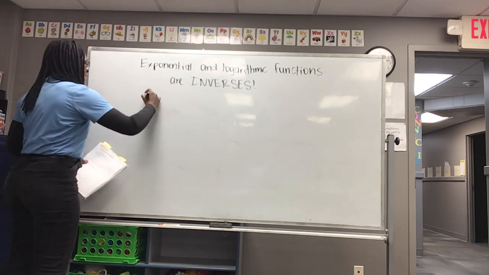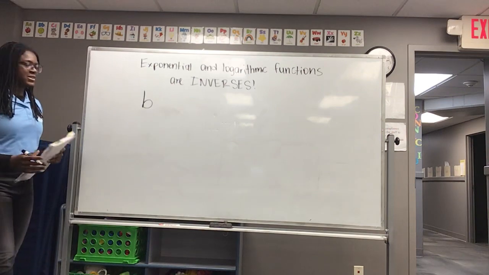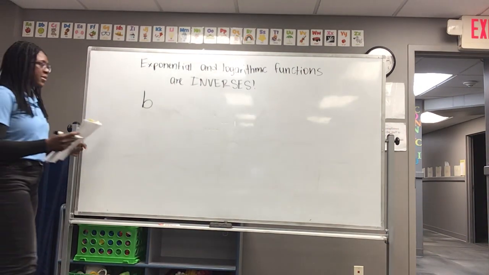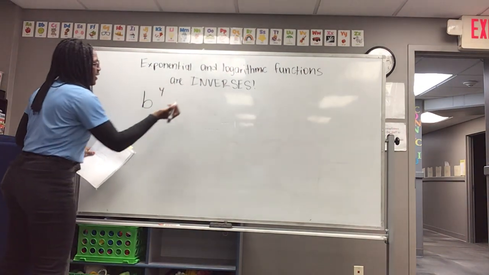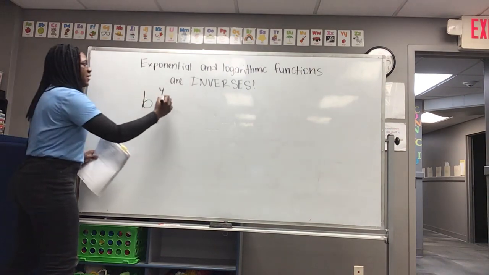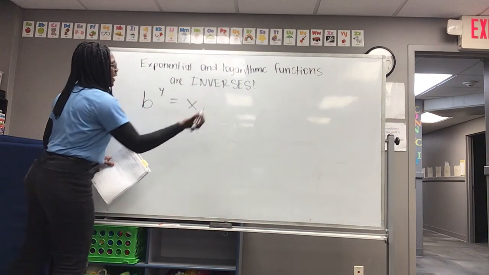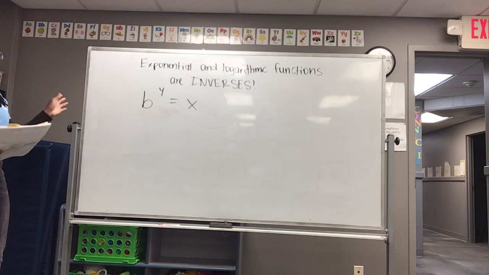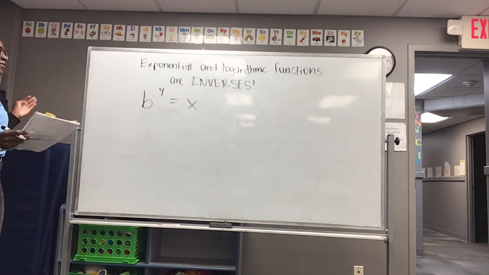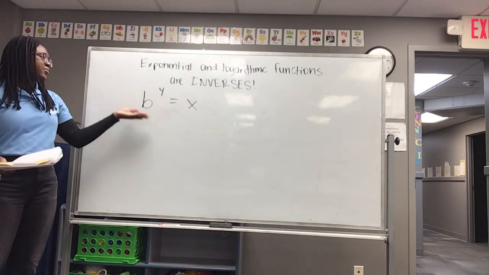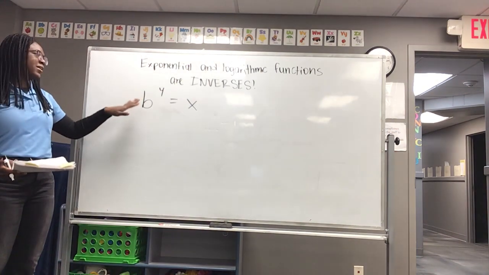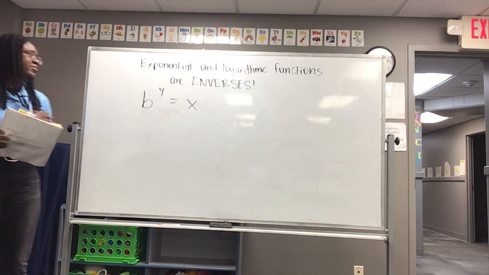But first, I'll show you my exponential function. Let's say I have b, which is my base. That just represents any number to the power of y. So y is my exponent. That would equal x. So this is a basic exponential function: a base, whatever number, to the power of whatever number is going to equal that number.